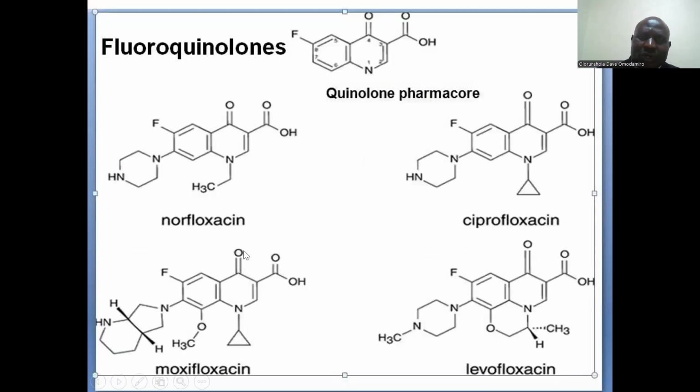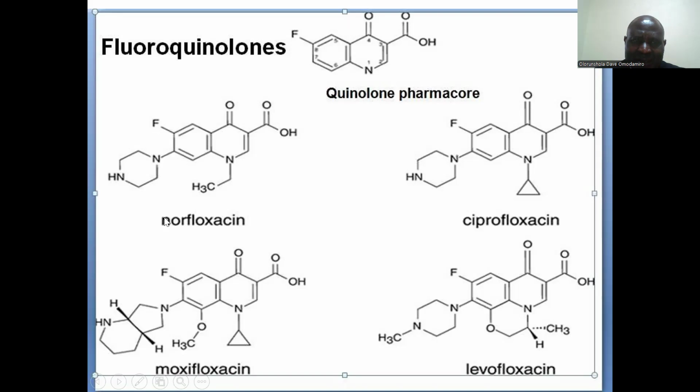These are the structures that the student must get themselves familiar with, the structure of fluoroquinolone. This is the fluorine, which is actually attached at 6 position. And then this is the piperazine that is actually attached.